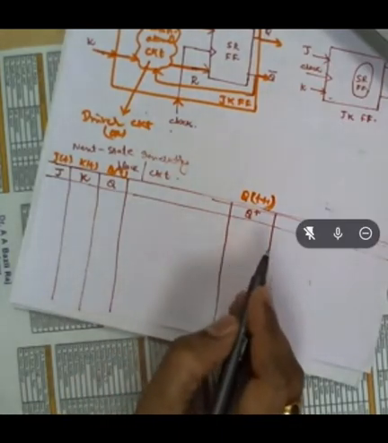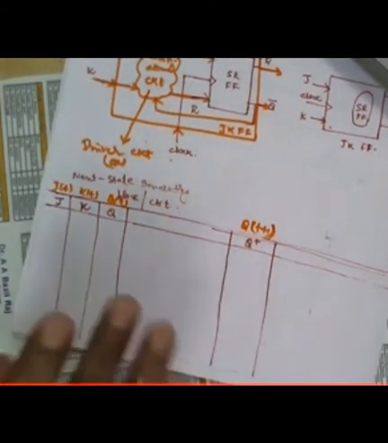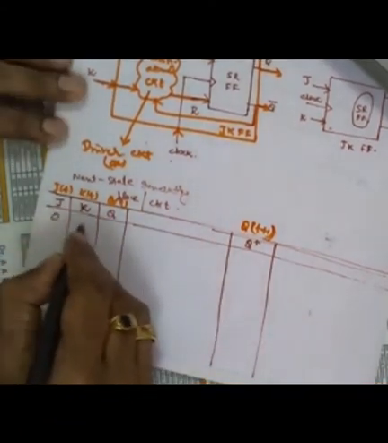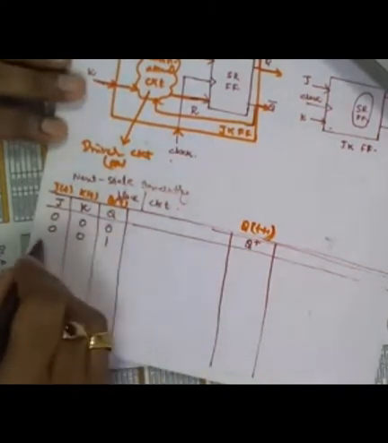Now we will fill up the JK flip-flop first. That means we are interested in the JK flip-flop. So you tell me: 0 0 0, 0 0 1 is one case.